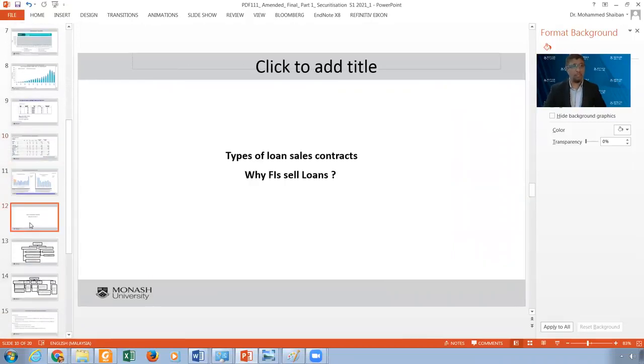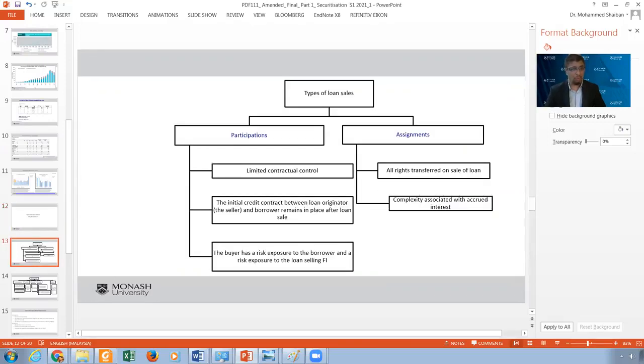Now let me move a little bit to the real issue of this part of the lecture, which is types of loan sales. We have two arrangements when we sell the loan, and I want you to look at them. One of them is called participation, and the other one is assignment. To put it in very simple words, the originator, for example Public Bank, generates that loan, a housing loan of 1 million ringgit.